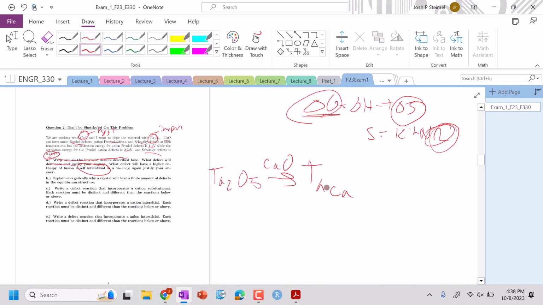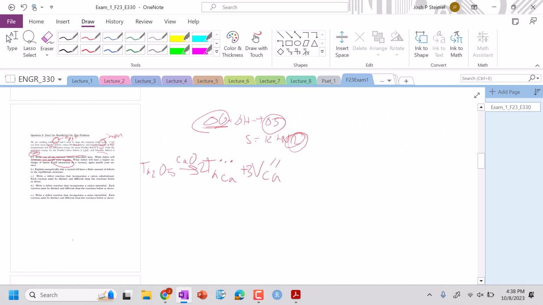Ca is 2 plus, this is 5 plus, so we need 3 plus for charge balance. I'm just going to do a vacancy in my Ca. It's going to be 2, so I'm going to put a 2 here, and a 3 here. That's going to leave me now, for mass balance, 2 Ta's, so I need 5 oxygen, O_O^x, and then below I have 5 here.